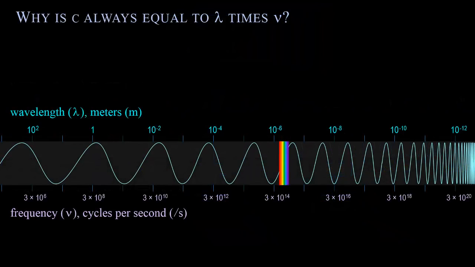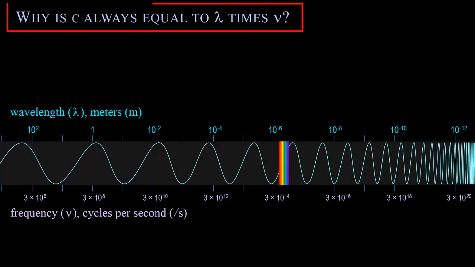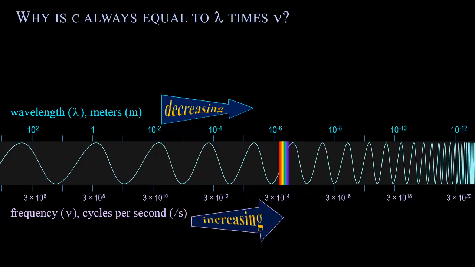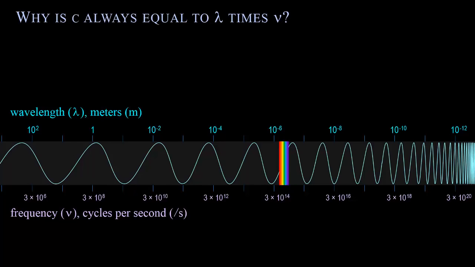You should now be able to answer our last question. Why is the speed of light always equal to wavelength times frequency? Well, I hope you noticed in this illustration that wavelength decreases going toward the right, while frequency increases going toward the right. What you should also notice is that this inverse relationship is an exact proportion.